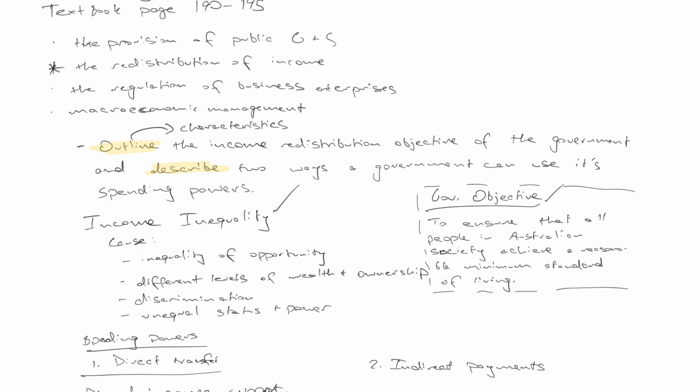Whereas indirect payments are subsidised goods and services to provide equal access, e.g. education.